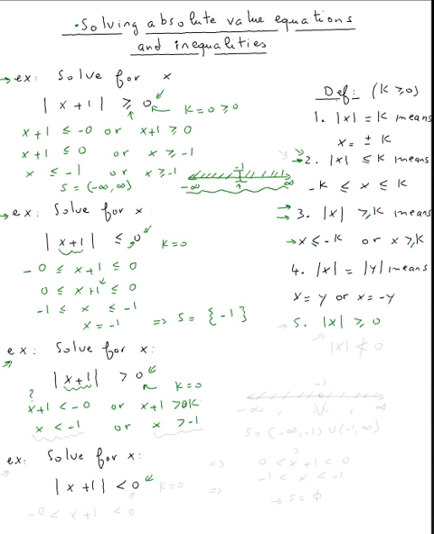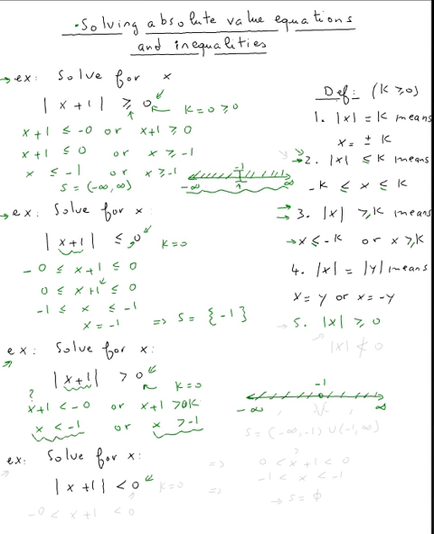Now let me find the solution here. Let's do the graph. The graph goes from negative infinity to infinity. We have only negative 1. Now I want all the numbers that are strictly less than negative 1, means all of these. Negative 1 is not included. And I want all the numbers that are bigger than negative 1.